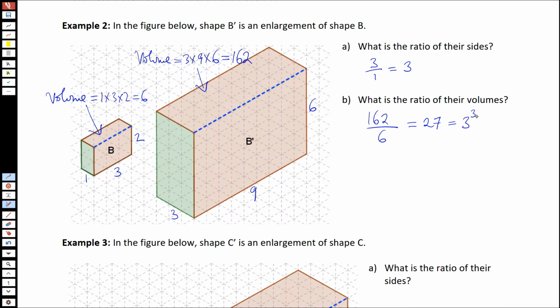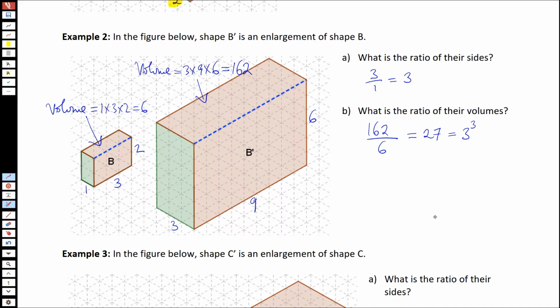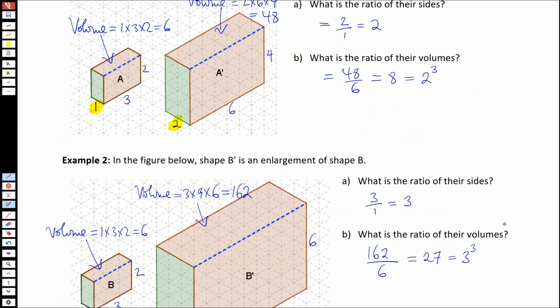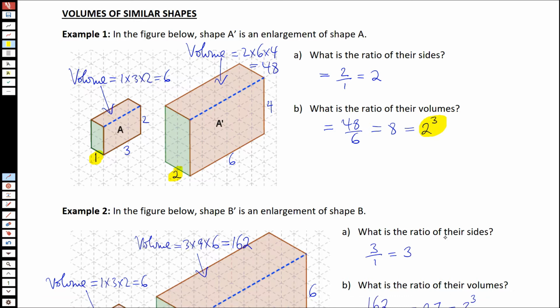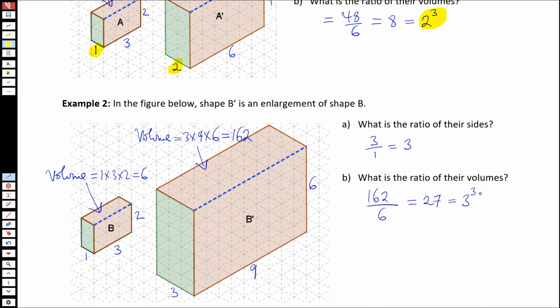And again, we can notice that the ratio of the volumes here is the cube of the ratio of the lengths, or ratio of the sides. So the same relationship exists in example 1 and example 2. Yes, we can see here that the ratio of the volumes is cubed. Here, the ratio of the volumes is cubed.